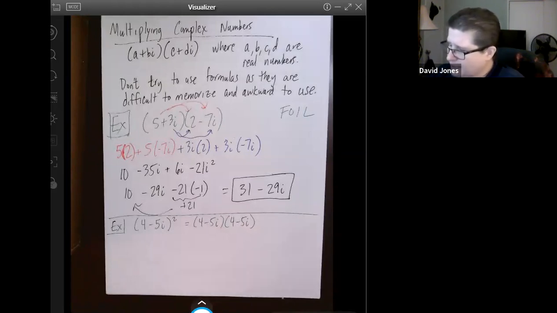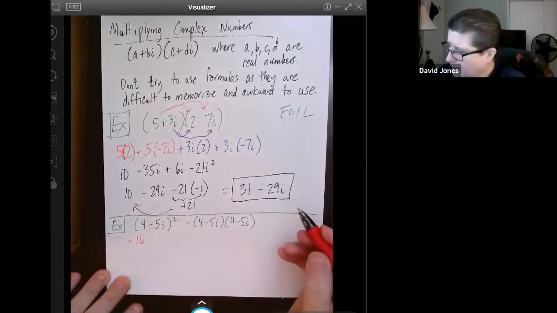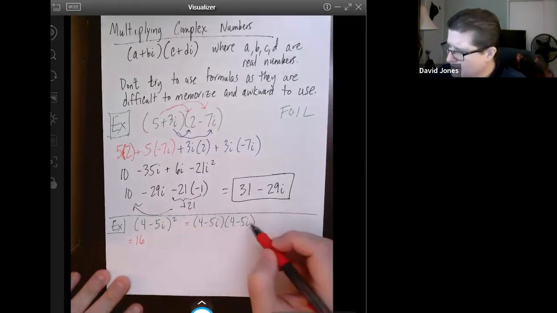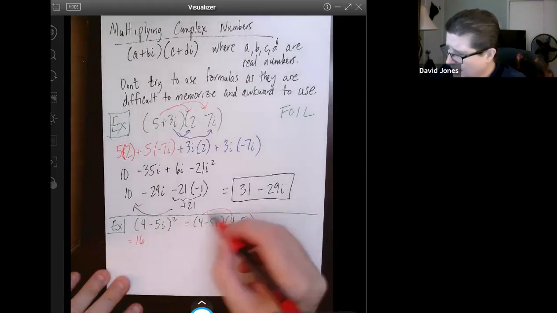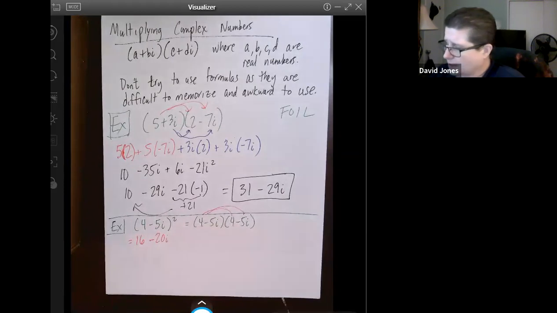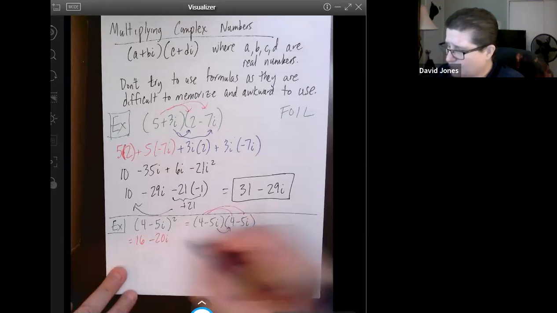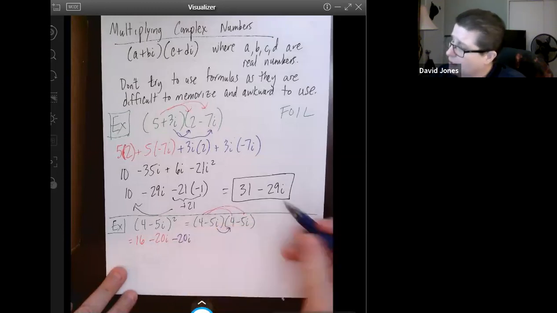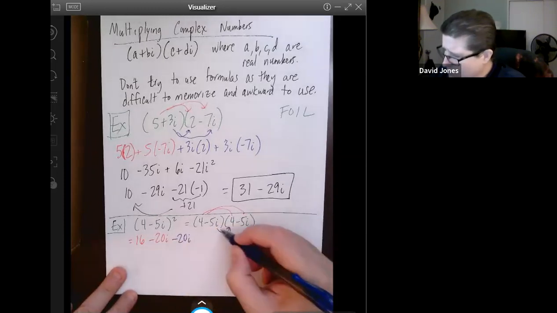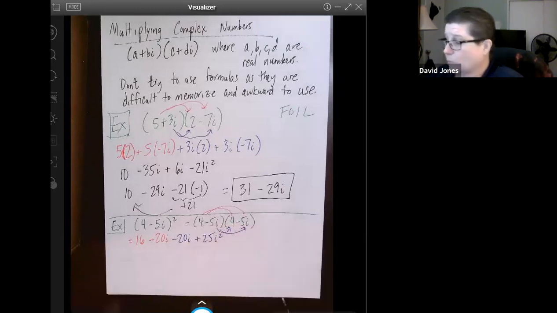If I do this, I've got 4 times 4 is 16. And then 4 times negative 5i is negative 20i. And then I'll do the last term distributed. Negative 5i times 4 is negative 20i also. And negative 5i times negative 5i becomes plus 25i squared.